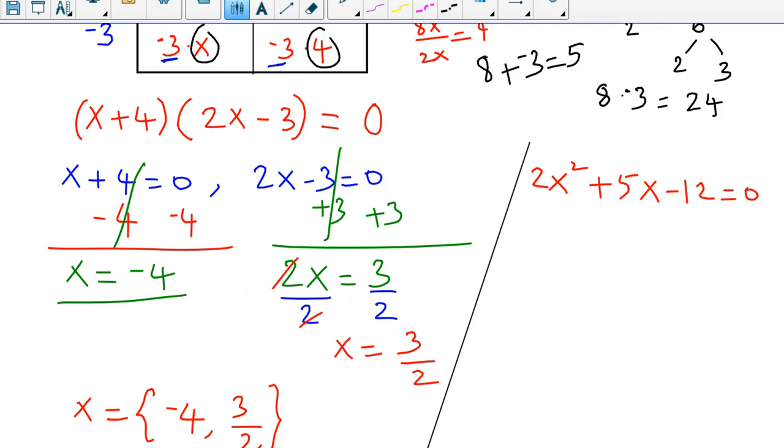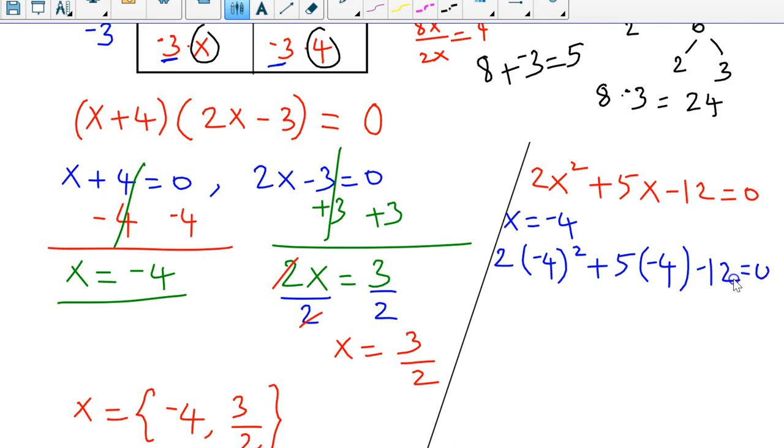In the first case, you have x is equal to -4. I'll substitute there. 2 times -4 square plus 5 times -4 minus 12 is equal to 0.